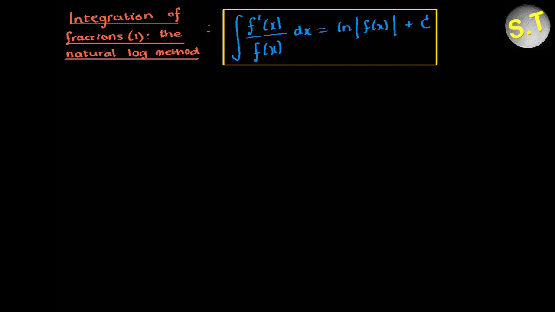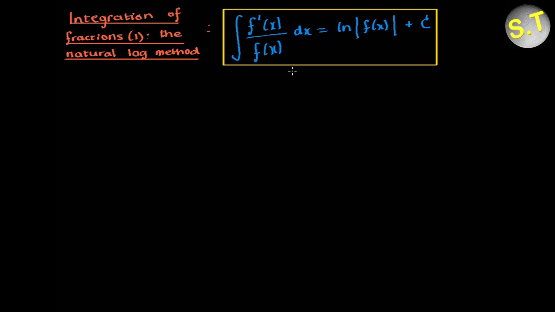So this says that if we can identify on the denominator a function that when you take its first derivative is on the numerator, that means that its integral can be given by the natural log of the function on the denominator.